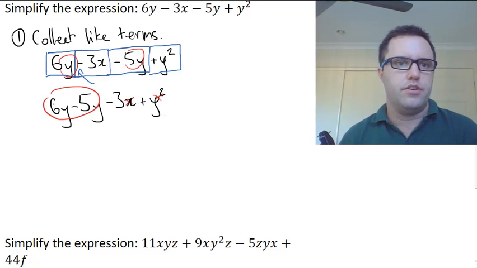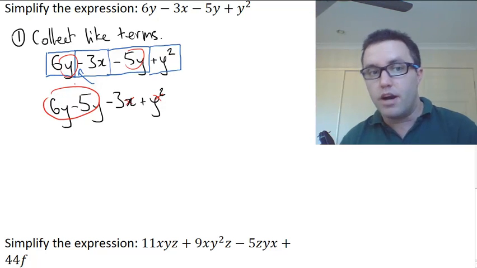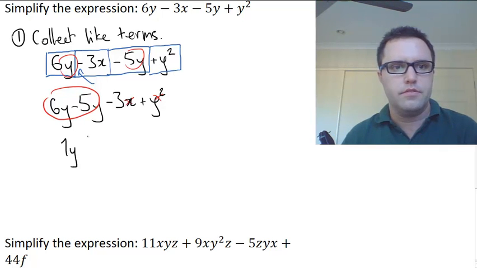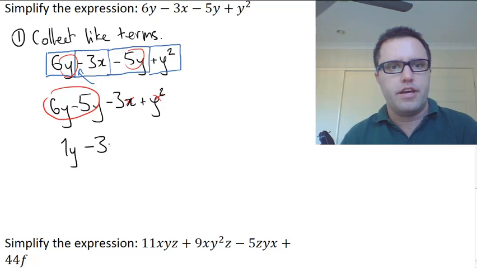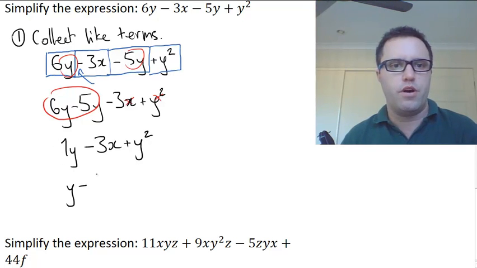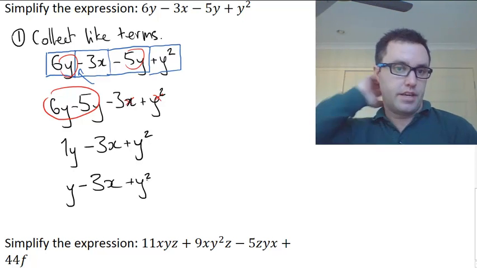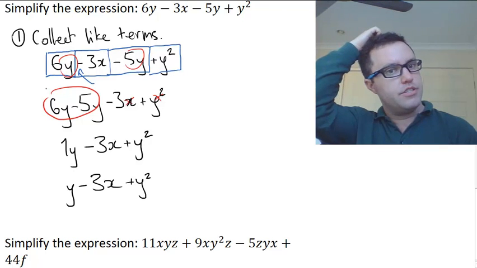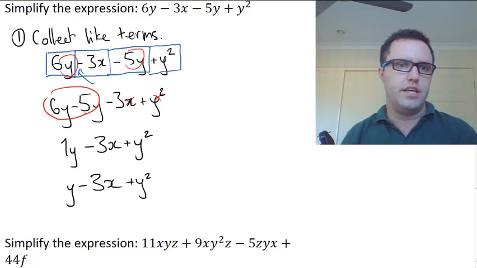So, 6 lots of y minus 5 lots of y is 6 take 5, which is 1y, take 3x plus y squared. Remembering that if we have a coefficient of 1, we can simply write that as y take 3x plus y squared. That is what you would call simplifying the expression. So we've collected like terms here.